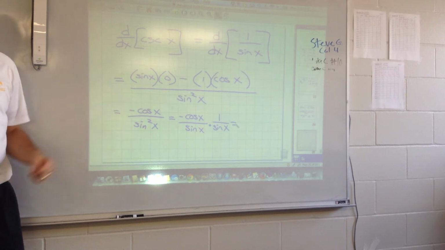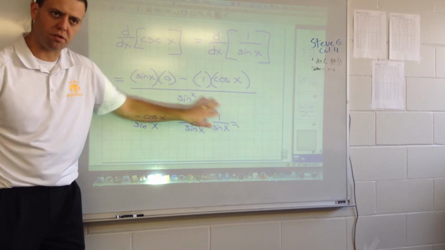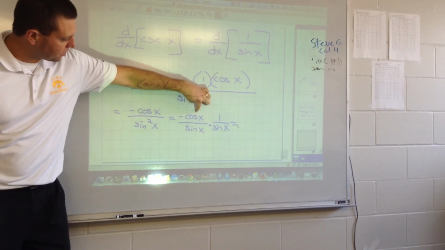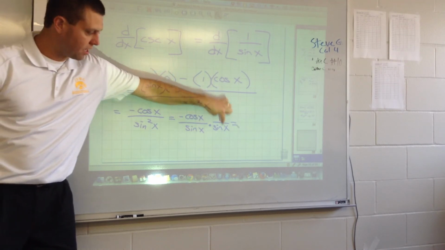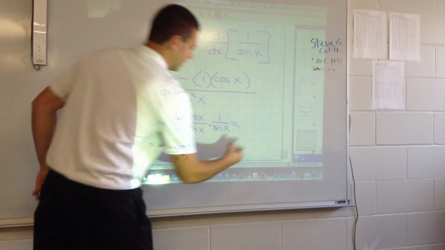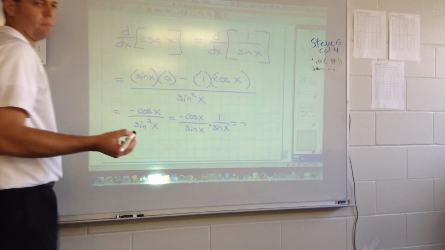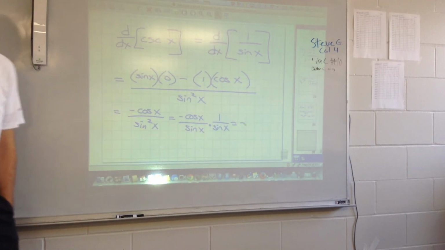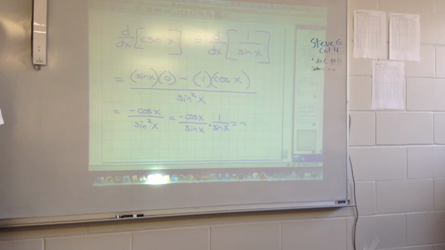But I don't have the cosine squared on the top, so I separated it into two fractions. Now this is cotangent x, and this is cosecant x. So my final answer, I don't know which one the book would write first, it doesn't really matter, is going to be negative cotangent x cosecant x.